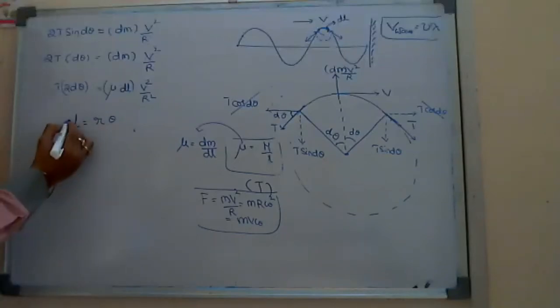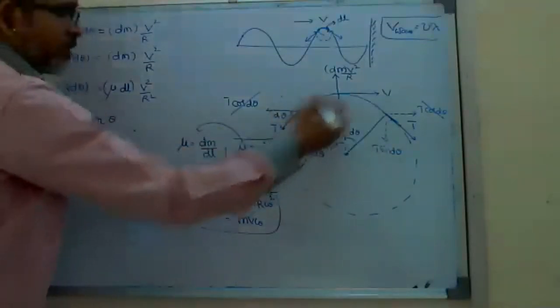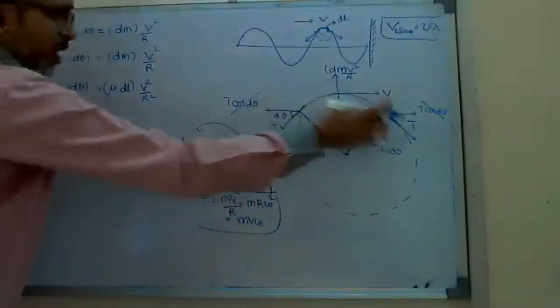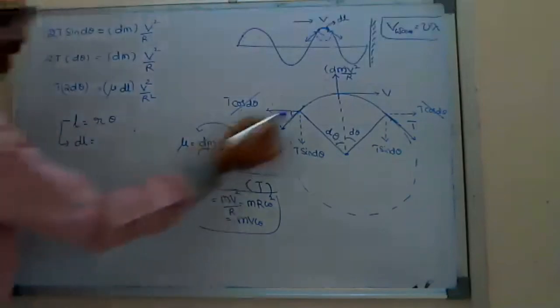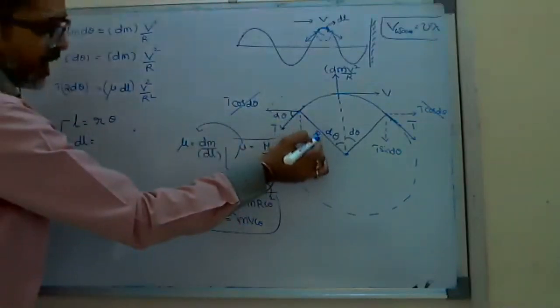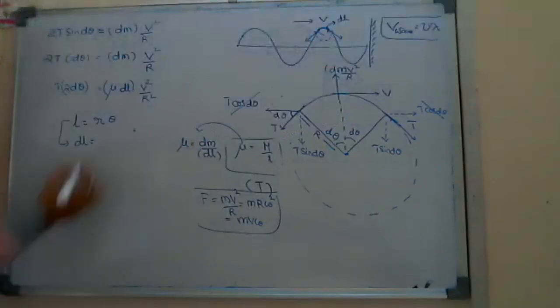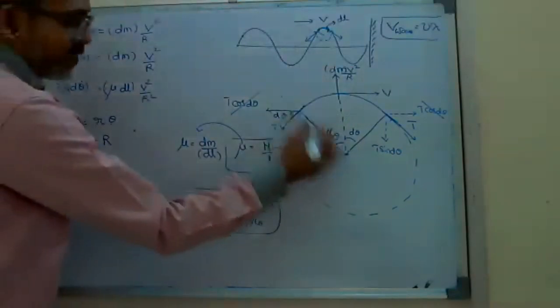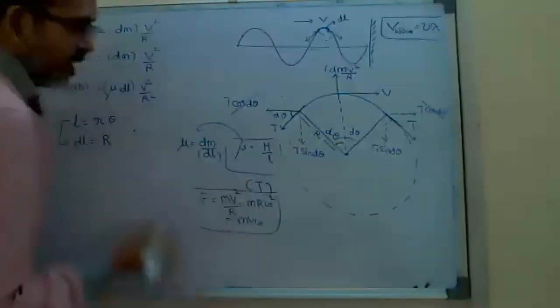So according to this sector principle, the length of this part, which I already took as dl, is equal to r, the radius. Better you take it as r, because I already substituted it as capital R. So r into theta, where theta is the angle of the sector. The angle of the sector, is it d theta or 2 d theta, Nana?